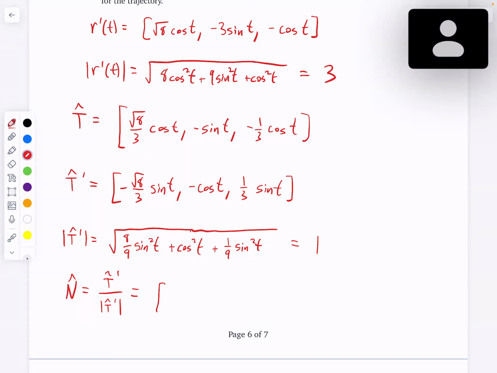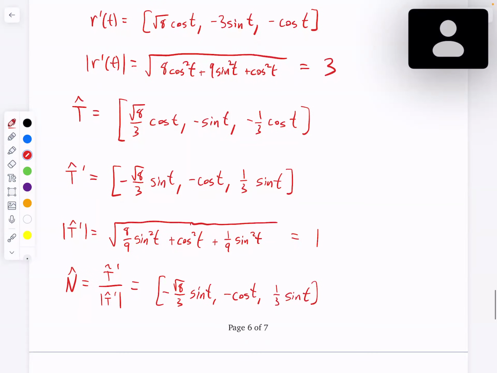So it's just going to be negative root 8 over 3 sine t, negative cosine t, 1/3 sine t. So that's the normal vector, and then the curvature is going to be the magnitude of t hat prime of t.